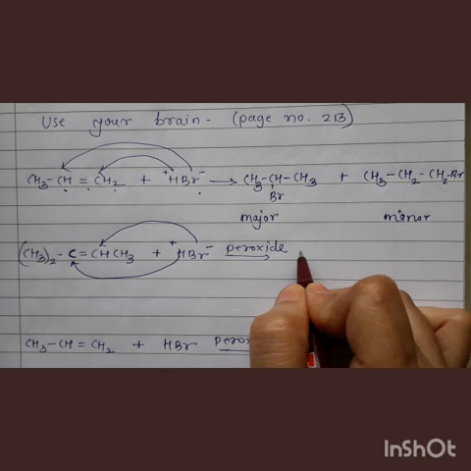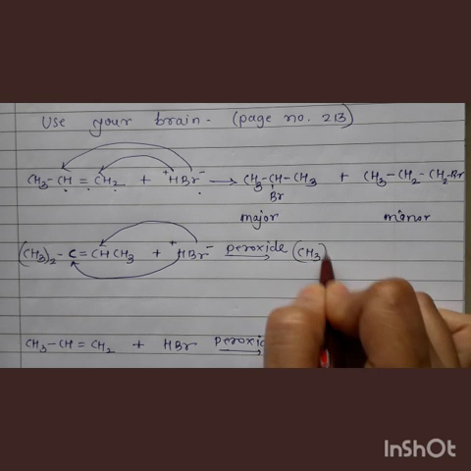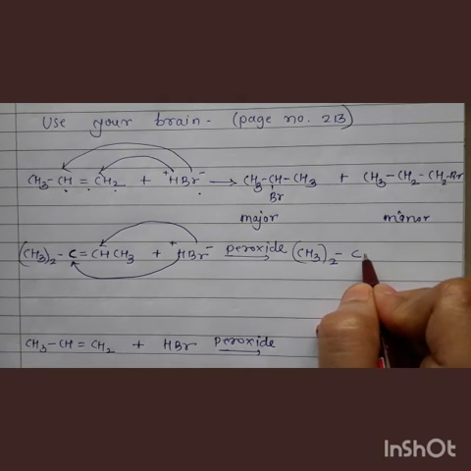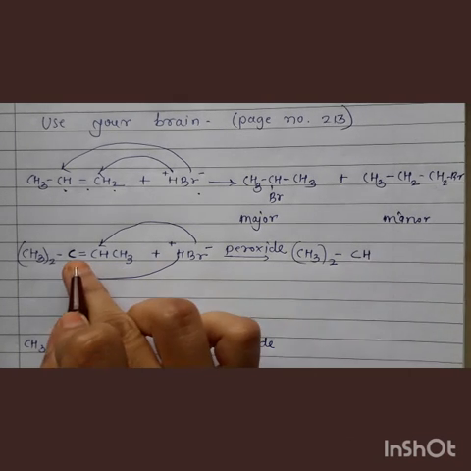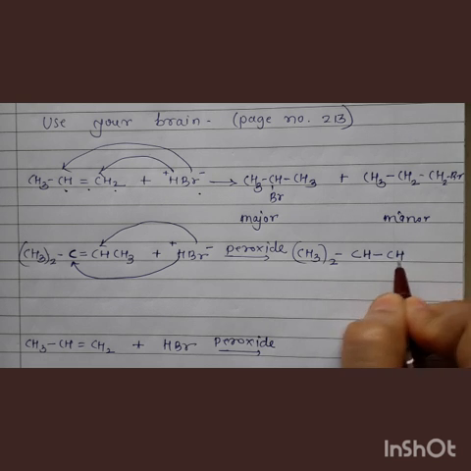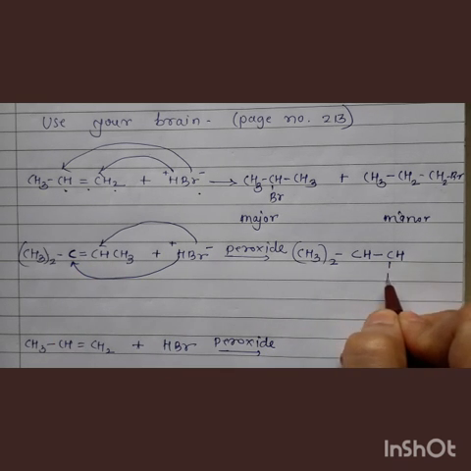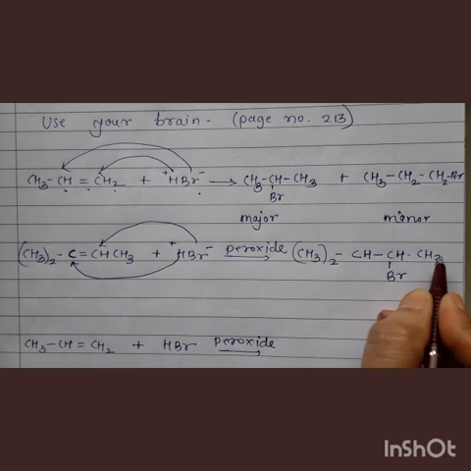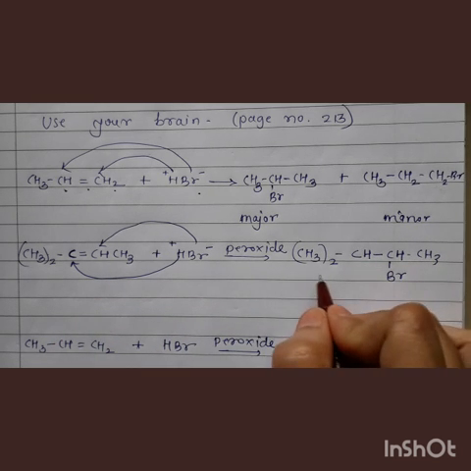So see the product, major product: CH3 twice C. On this carbon atom hydrogen will get added, so it will become CH. The double bond will get converted into single bond, then this CH, and on this carbon atom bromine will get added, and this CH3 will come as it is. So this is the major product.